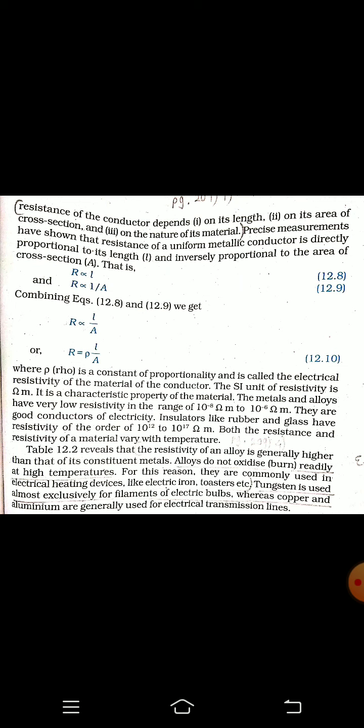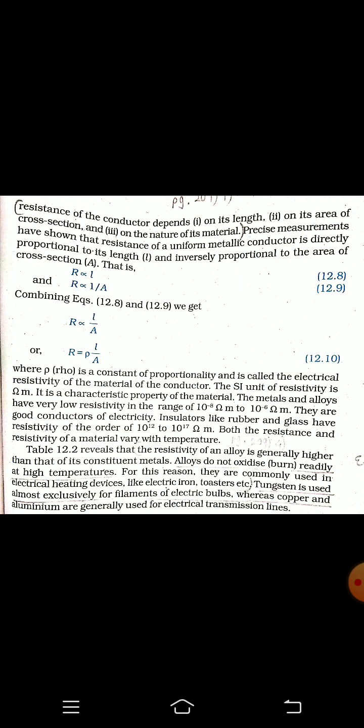And from Ohm's law, we know that electric current and resistance are in inverse proportion. So here what will it become? R is proportional to L. This means when we increase length, resistance will increase. When we decrease the length, resistance will also decrease. So R is proportional to L.